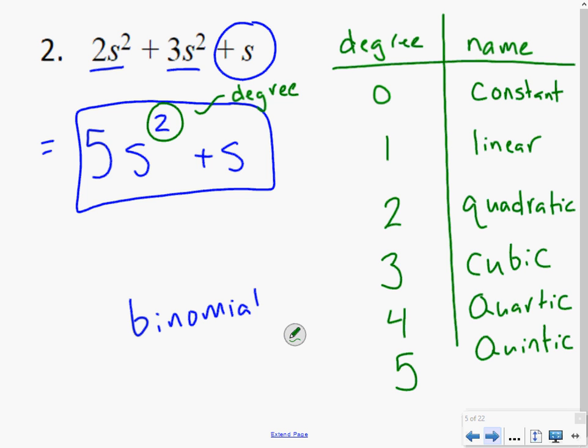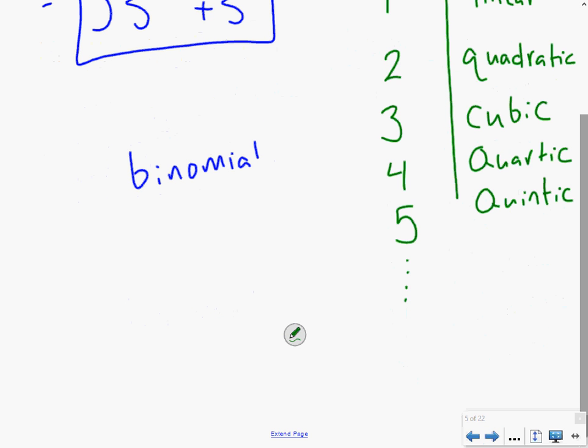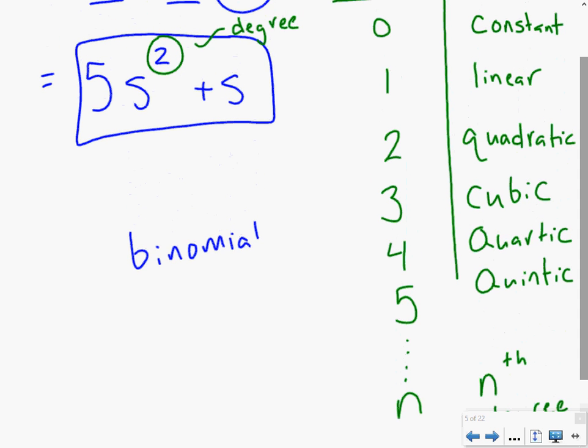If I have anything higher than that, this really just goes on and on forever. So for any degree n past 5, it's just going to be called an nth degree polynomial. This is just a naming system. Our degree for our polynomial expression here was 2.